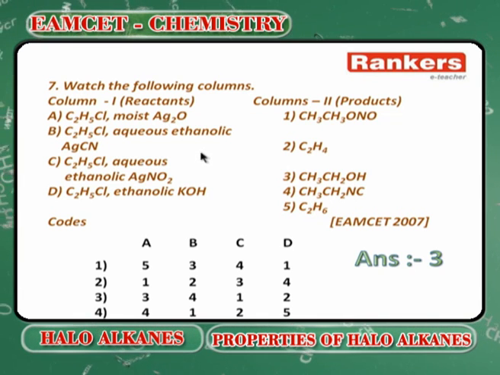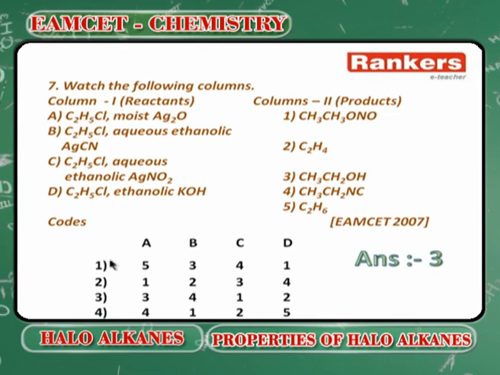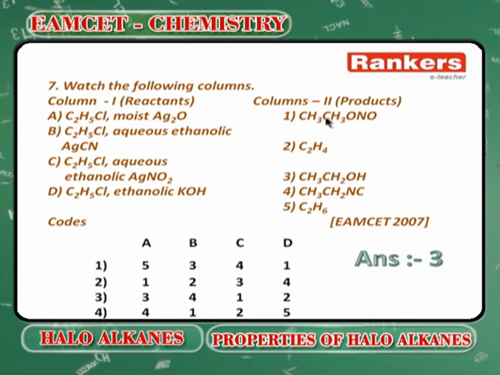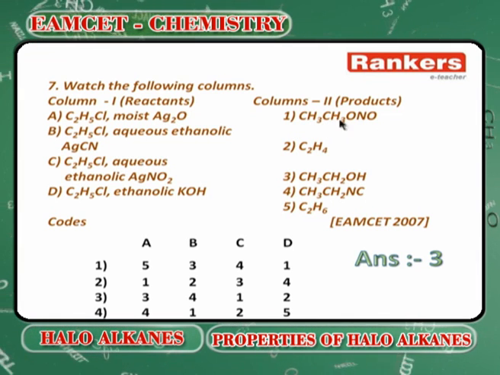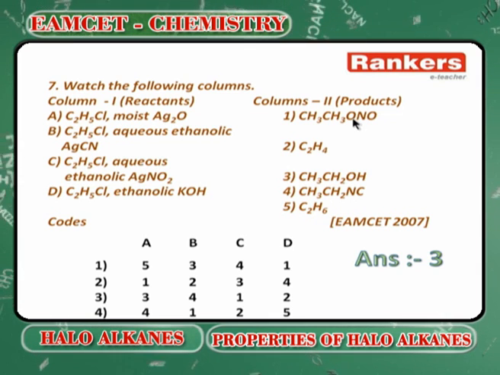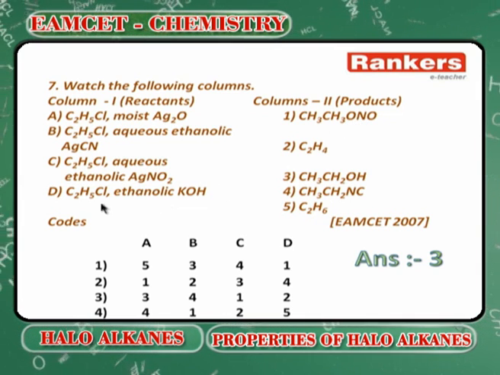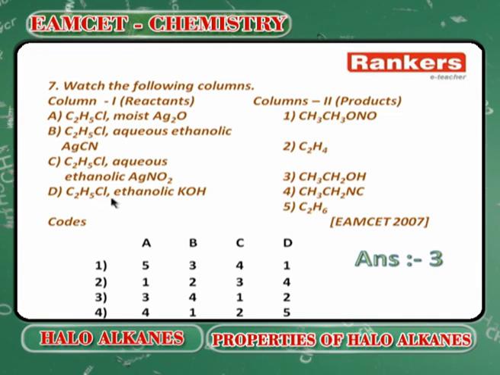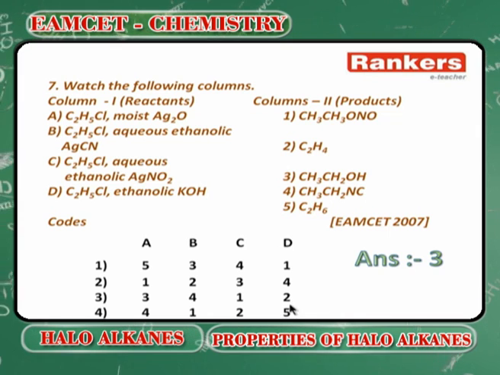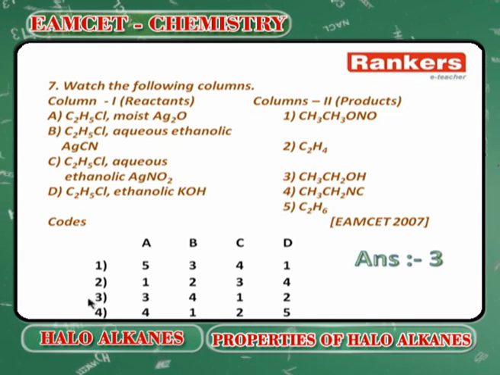You will get an NC, that is the fourth one, answer right. And the C bit, ethyl chloride with aqueous ethanolic silver nitrite will give an ONO. If it is sodium nitrite, sodium nitrite will come, right. Then ethyl chloride with ethanolic KOH, elimination takes place, ethylene will be the answer, that is answer 2 is the right answer. Next.